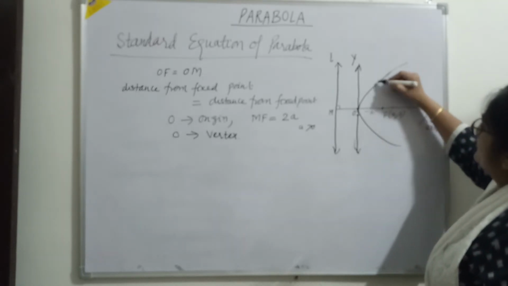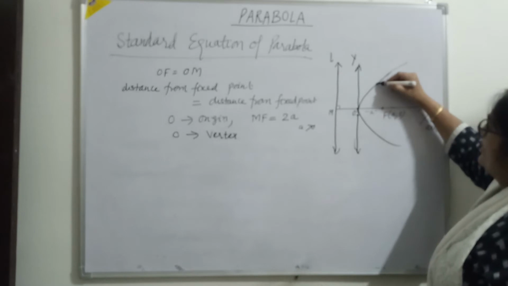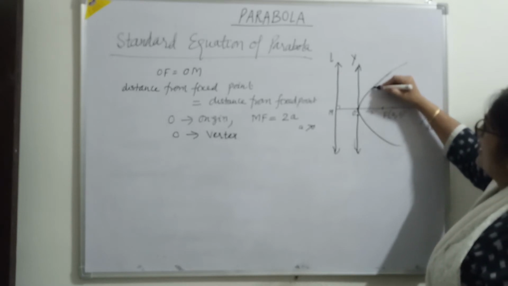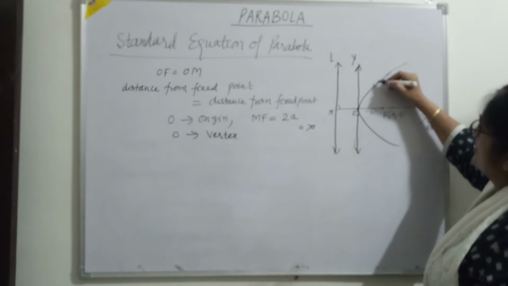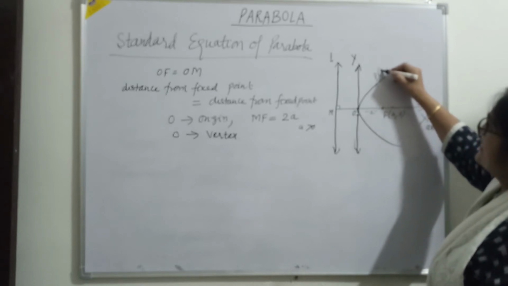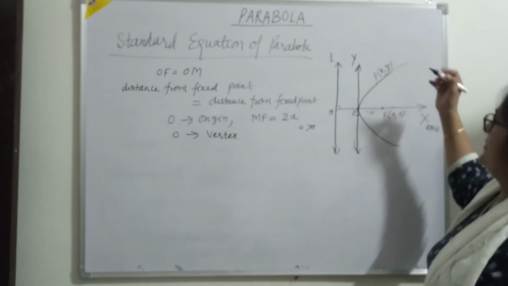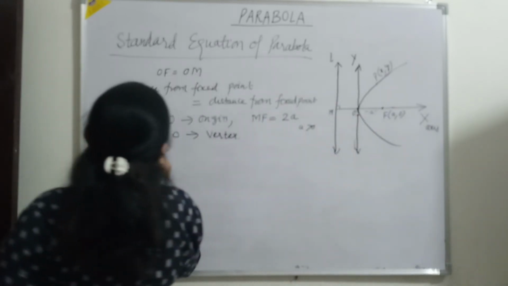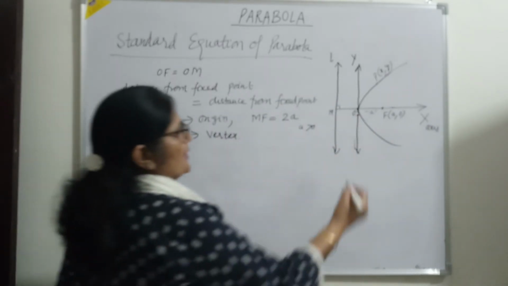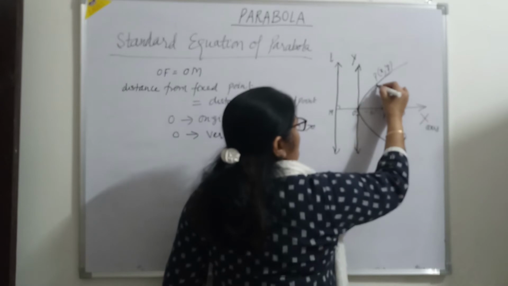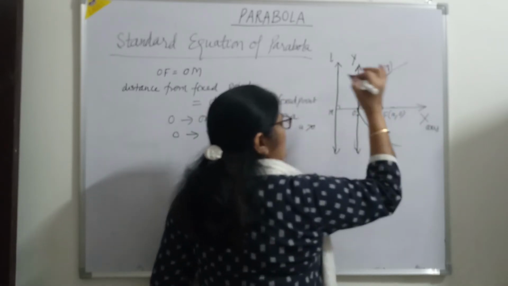Let P be any point on the parabola whose coordinates are (x, y). So what is PF?